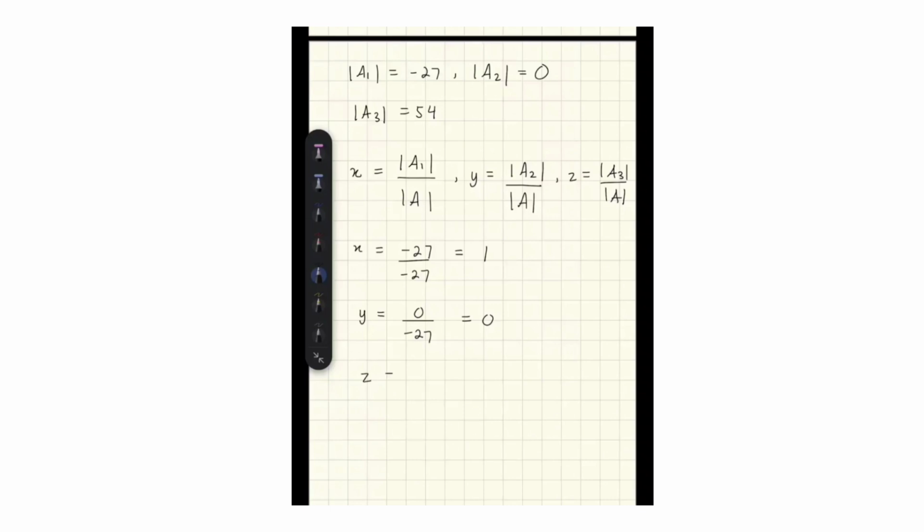Then for z, we know it is 54 divided by -27, which gives us -2.